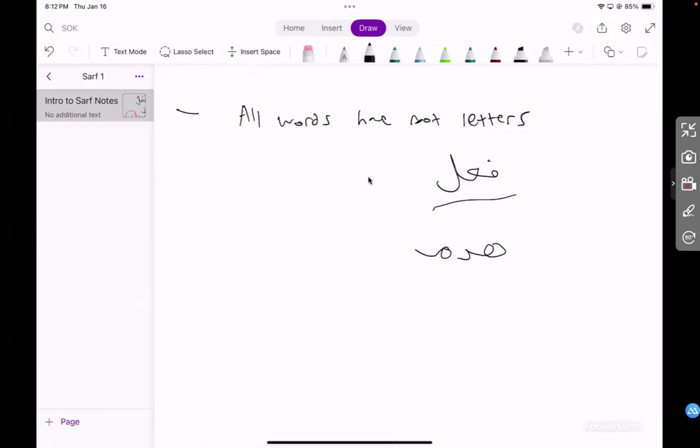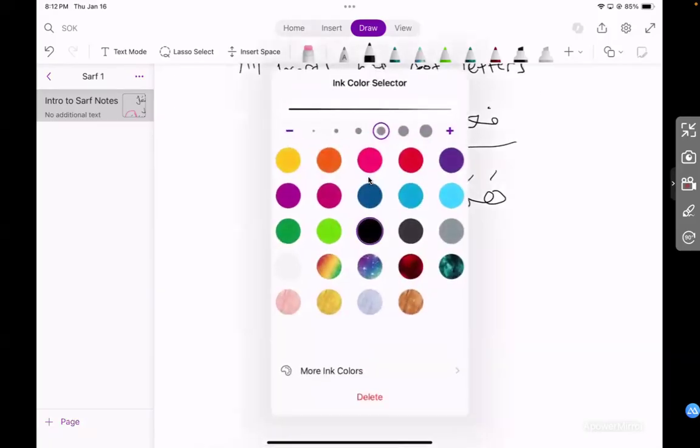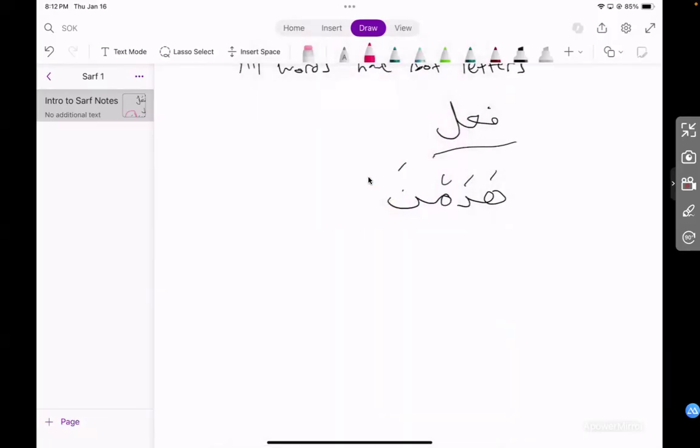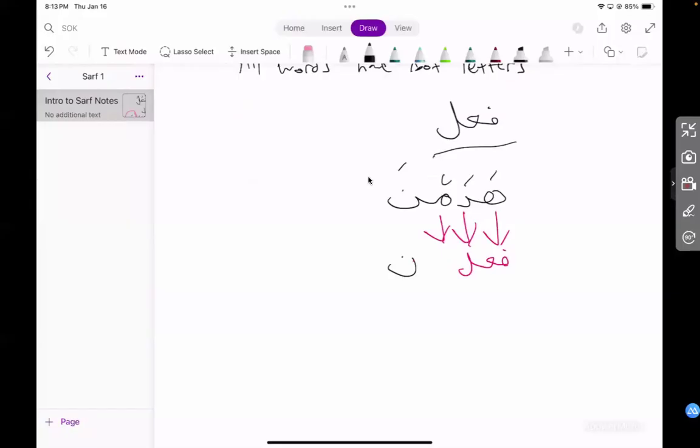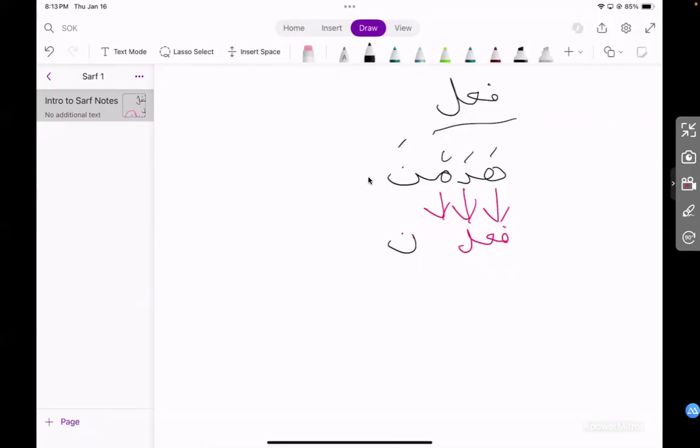Now you should be proficient enough to figure out where the root letters are. The root letters are the first three, fa'ala. The noon is not a root letter. It's a letter part of the conjugation to signify the jama' muannath, the plural feminine. So this is root letters and then extra letters.